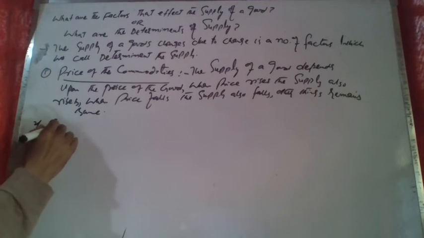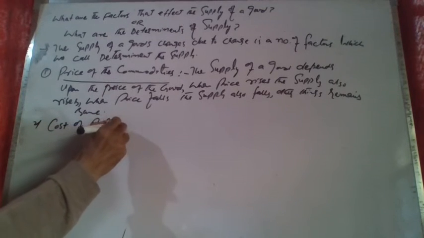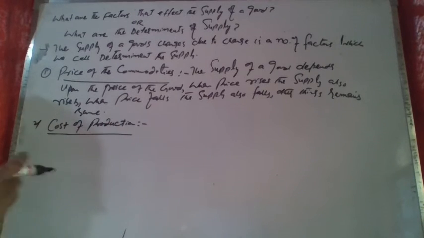Second is cost of production. Cost of production is the amount on which a product is made. किस कीमत पे ये प्रोडक्ट तैयार हुआ है, that is cost of production.